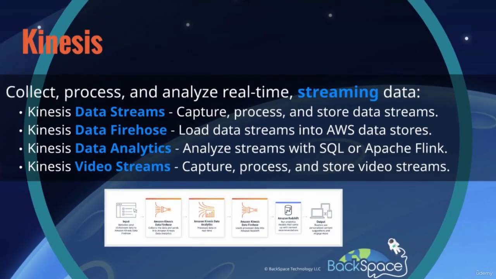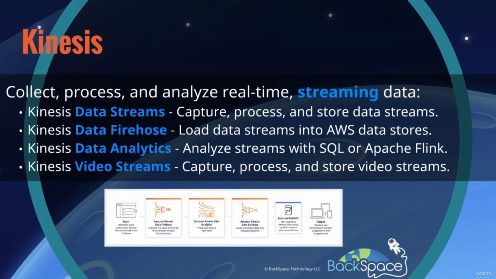Amazon Kinesis allows you to collect, process, and analyze real-time streaming data. For example, if you have some data that is live data coming off some sensors that are in the field, and you want to analyze and visualize that data in real time, Kinesis can do that for you. It consists of a number of services. The first one there being Kinesis Data Streams, which will allow you to capture that data, process that data, and then store that data.